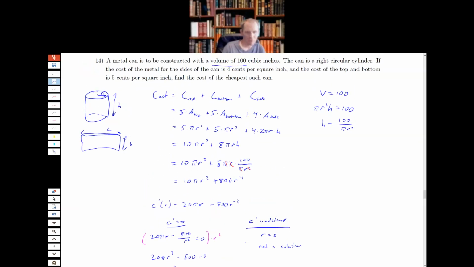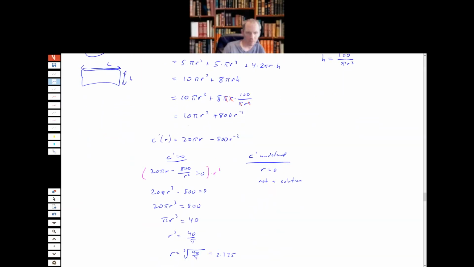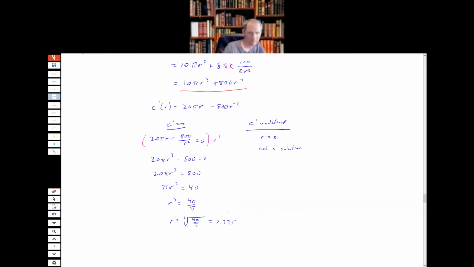Okay, the goal of the problem was to find the cost of the cheapest such can. So I'm going to go back up to my cost equation and plug in for r. Okay, so I have 10 pi times my 2.335 squared plus 800 divided by the 2.335.